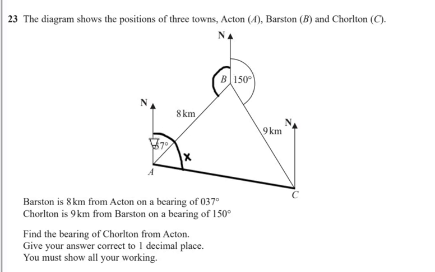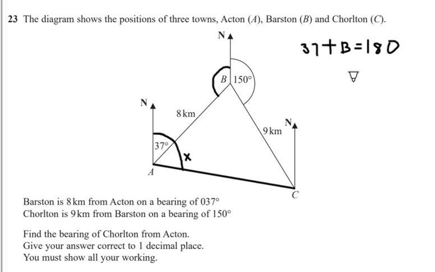Now because these two north lines are parallel lines, 37 degrees and this angle here at B are co-interior angles or consecutive interior angles, which means that 37 plus B will be equal to 180 degrees.